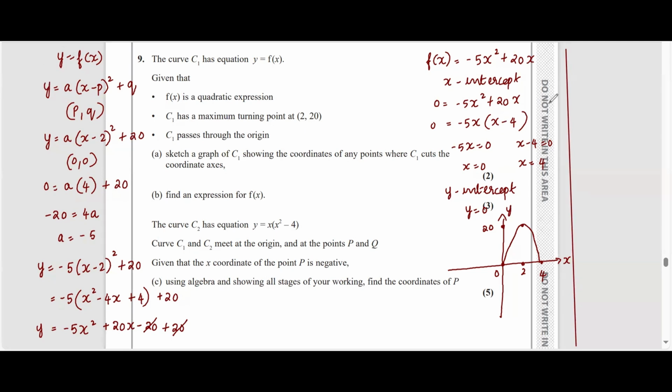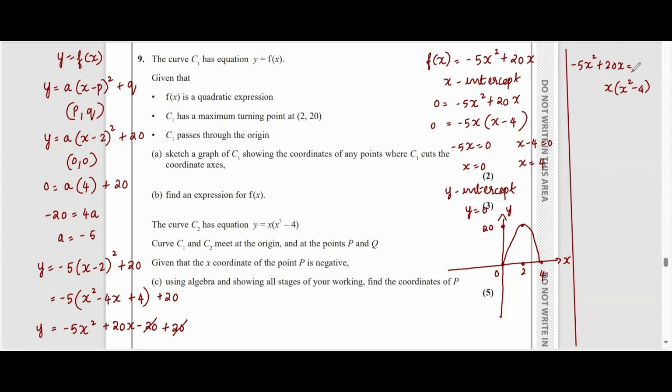We know the point of intersection. How do we find the point of intersection? We equate both the right-hand sides. So we have y is equal to minus 5x square plus 20x, and you equate it with x into (x square minus 4). That is how we find the point of intersection.